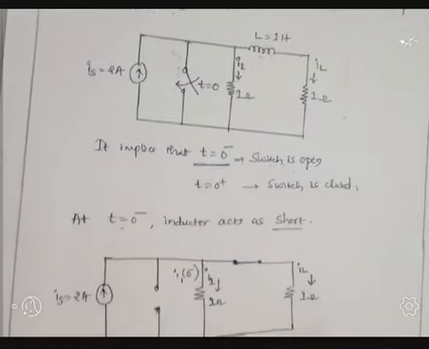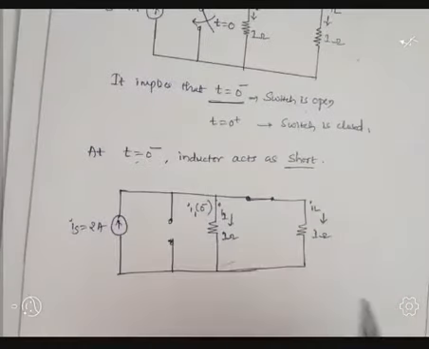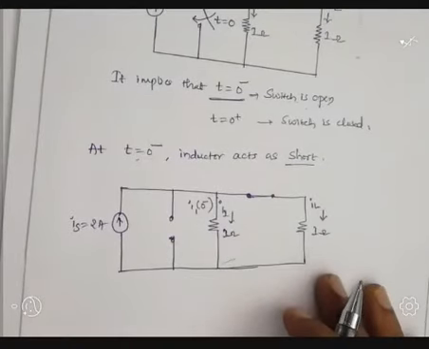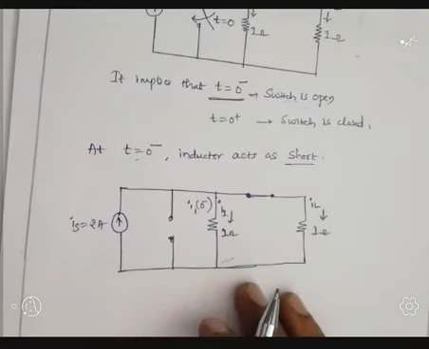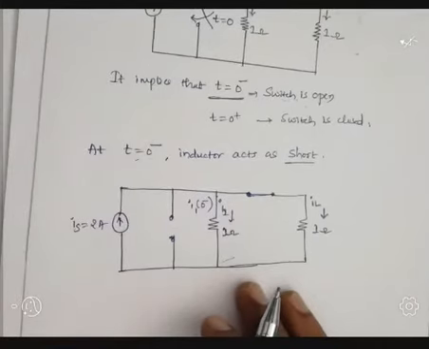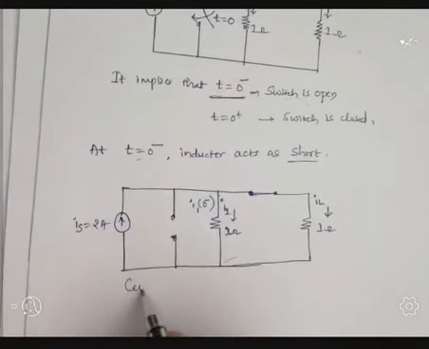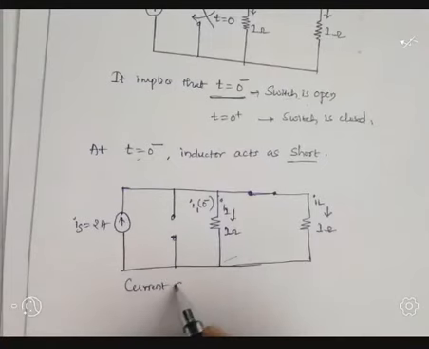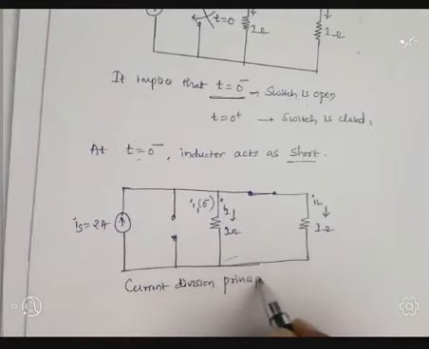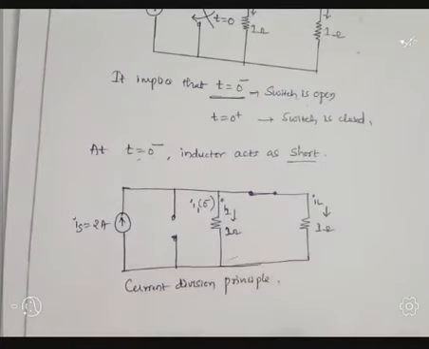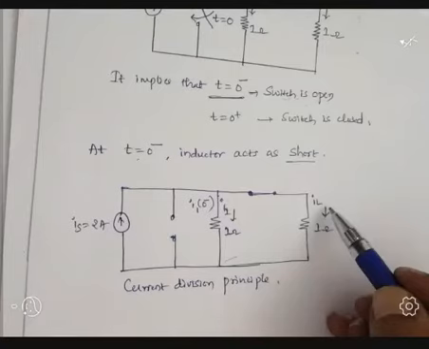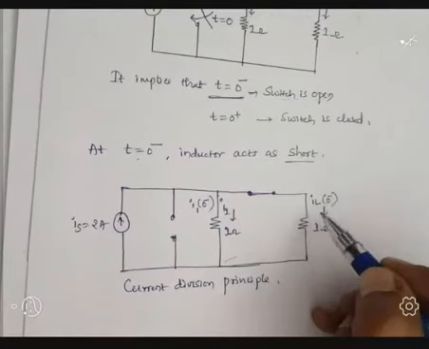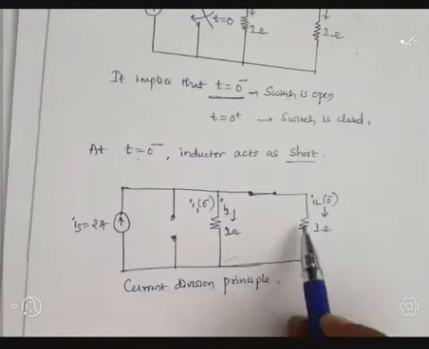Now let us make use of the current division rule. So IL of 0 minus, let us make use of the current division rule.